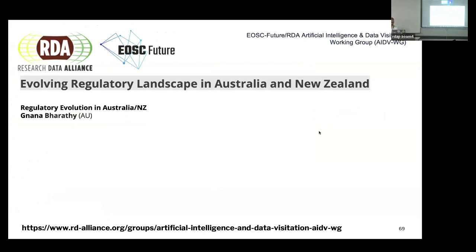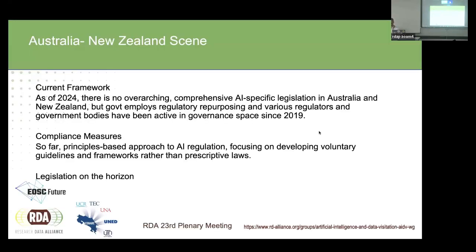Welcome to the landscape down under. Currently there is no overarching or comprehensive AI-specific legislation. So what we are doing in both Australia and New Zealand is repurposing various existing regulations.